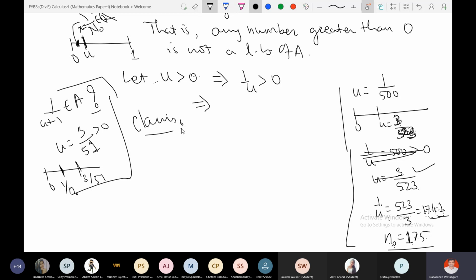What is my claim? 0 is a lower bound, no doubt, but we want to prove that any number greater than 0 is not a lower bound. That means if I choose u greater than 0, there exists a number in set A which is smaller than u. So my claim is that u is not a lower bound.